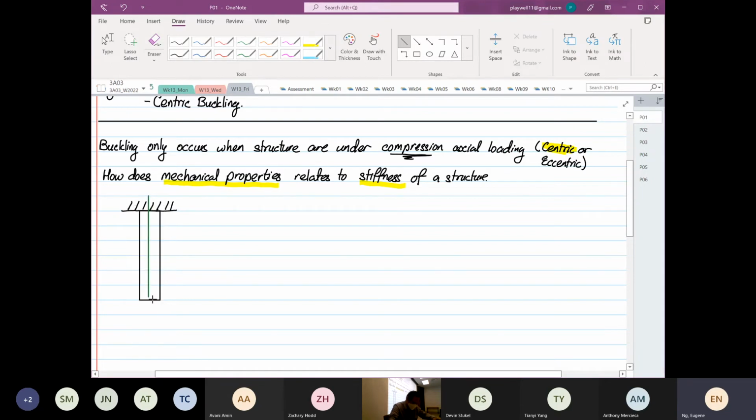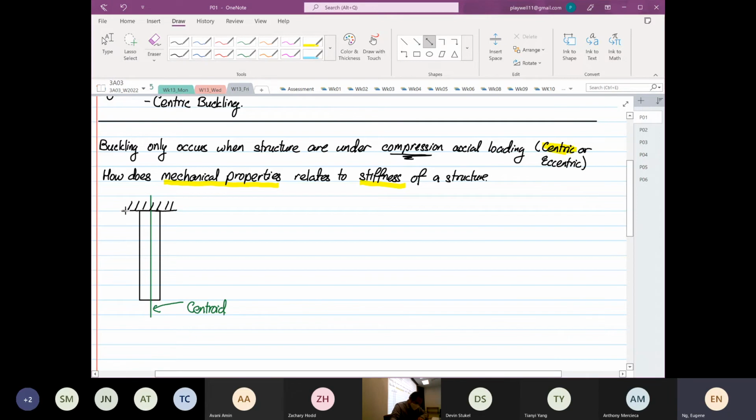Sorry, centroid, not neutral axis. Our centroid. So this is so-called our centroid. And then we are going to apply a load later on. Okay. So let me finish sketching over here and doing some labels.